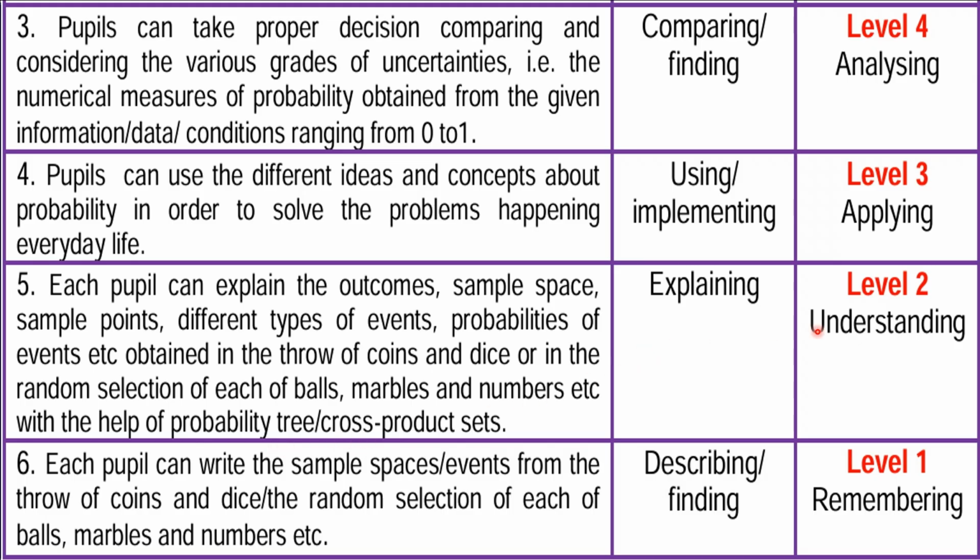Explaining. Level 2 understanding. 6. Each pupil can write the sample spaces, events from the throw of coins and dice, or the random selection of each of the balls, marbles, and numbers, etc. Describing or finding. Level 1 remembering.